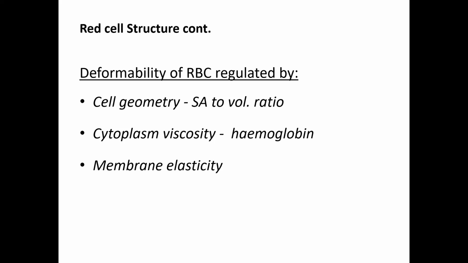And the structure of this hemoglobin is very important. It must be normal in order for this cytoplasm to maintain the viscosity that will allow this red cell to be deformable. Therefore, you will see later on, if there are any abnormalities of the hemoglobin structure, this will affect the deformability of this red cell and will cause the red cell to have a lifespan that is less than 120 days.